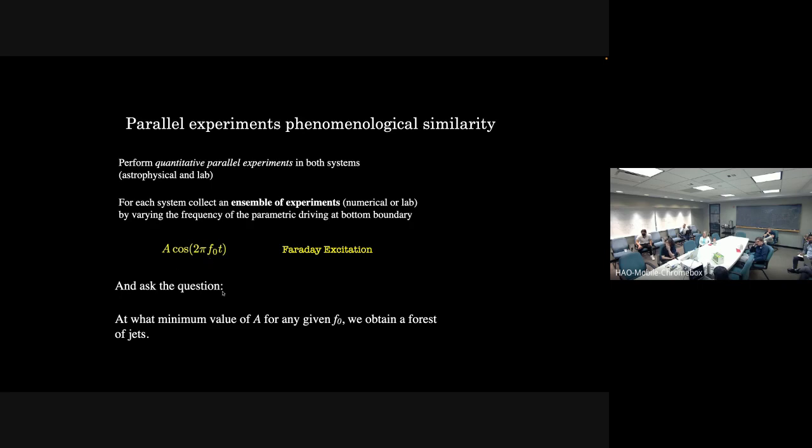Suppose we fix the frequency f naught, and then we tune the amplitude A in the experiment, and we ask the question, at what threshold value of A do we start obtaining a forest of jets? That means when A is below that threshold, we don't have a forest of jets, whereas when we jack up the amplitude more than the threshold, then we start having a forest of jets.